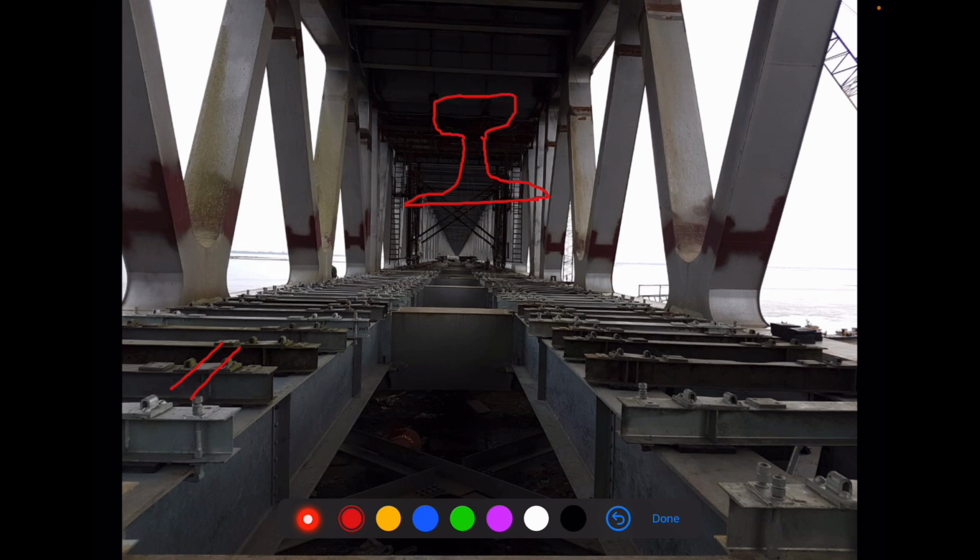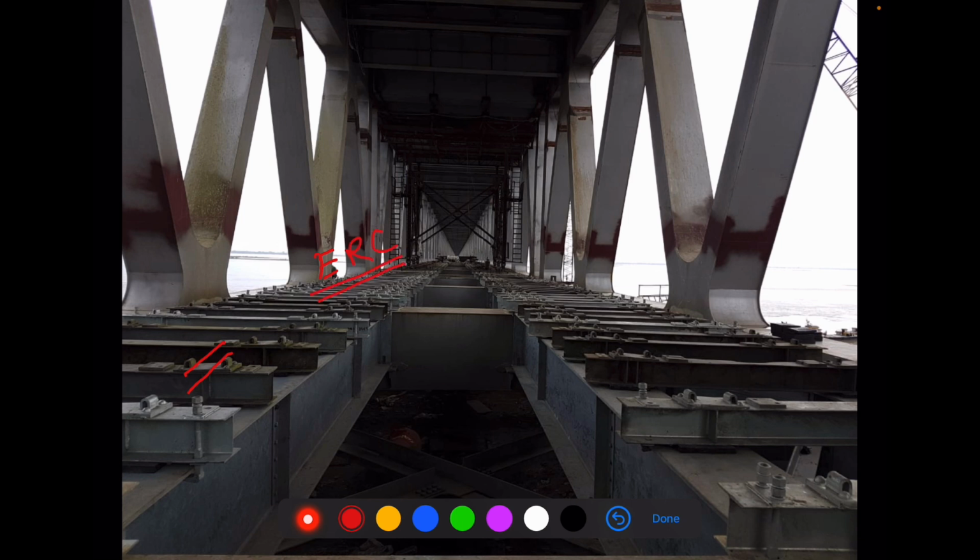So this foot sits in this portion. Like this, the rail is continuously put, and the rail foot is secured with these sleepers with the help of ERC, elastic rail clips.